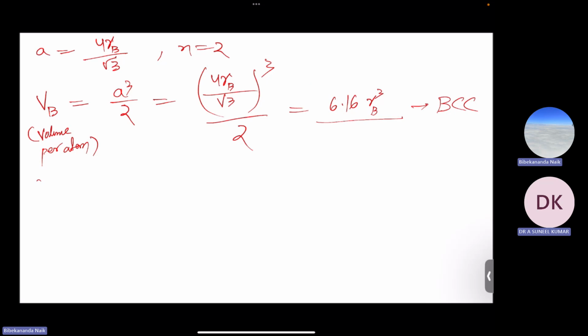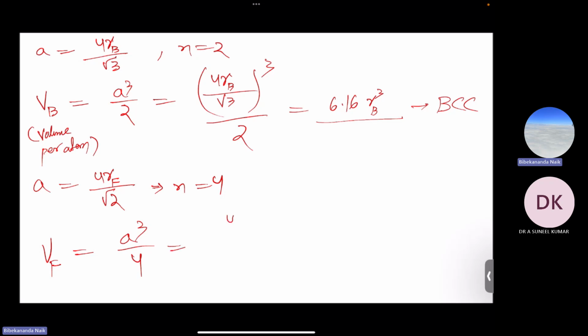And if you calculate face center cubic, A is 4RF by root 2 and N is 4. So for face center cubic, it will be A cube by 4, which is the volume per atom. So volume is A cube and number of atoms is 4, per atom is by 4.